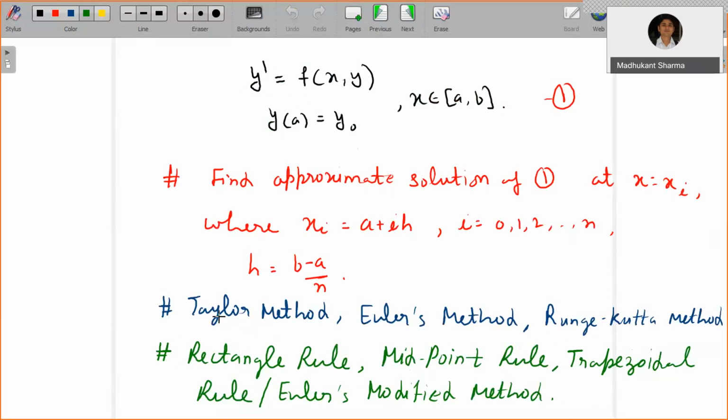Then we approximated the integral on the right side by using the rectangle rule, midpoint rule, and trapezoidal rule, which lead to some methods that we have learned, and tried to approximate the solution of some examples. In one of the examples we saw that the error increases exponentially. So there was a stability issue with this rule, which we are going to see in this session.